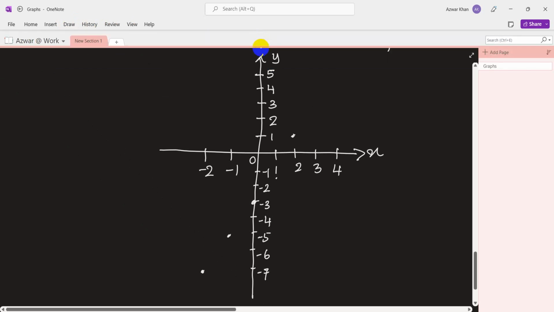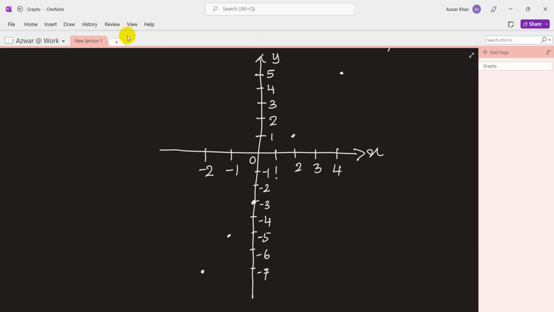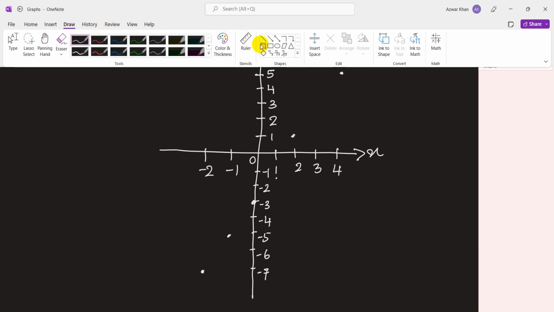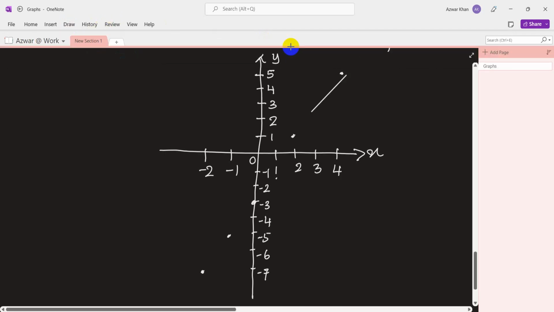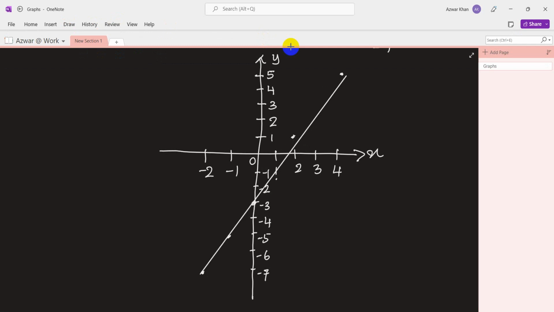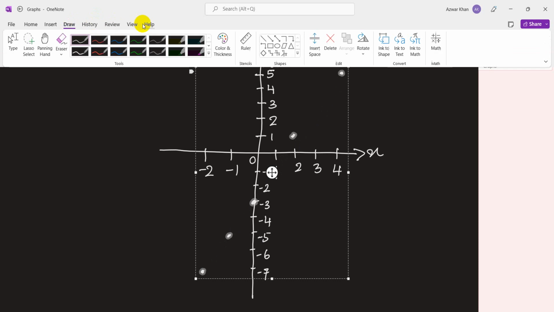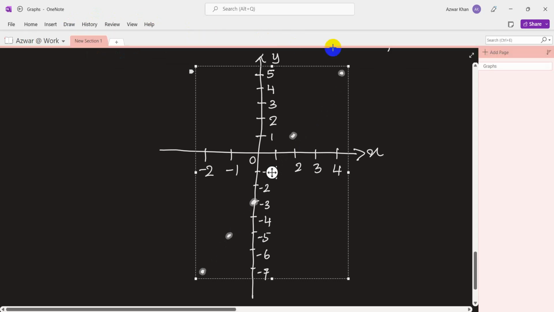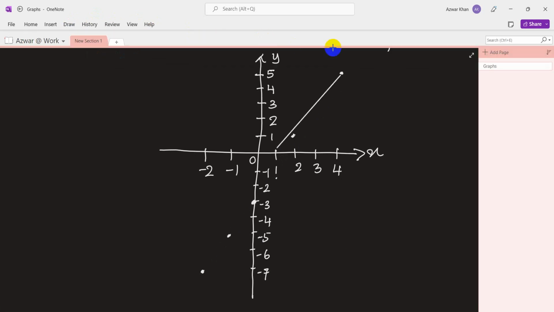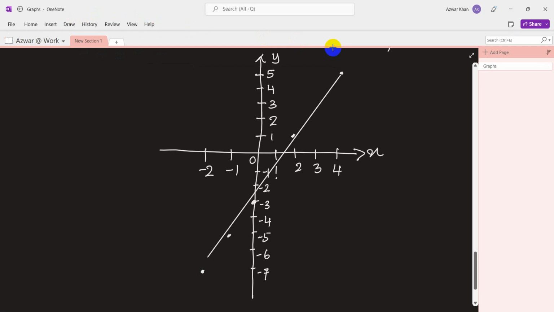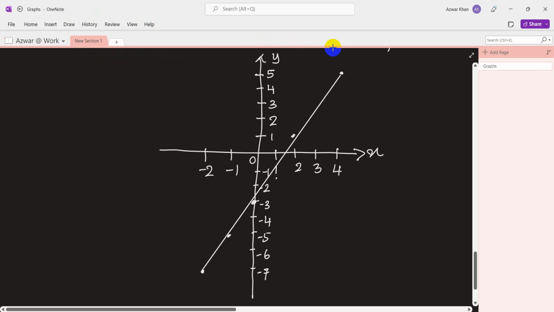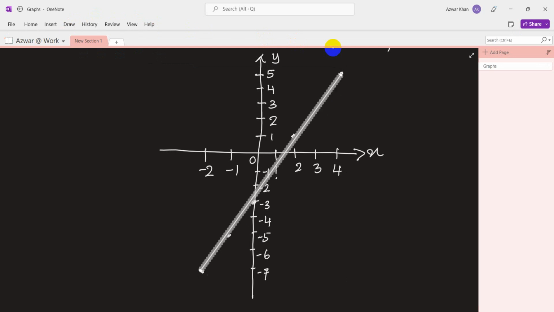So 4 and 5 is somewhere over here. So when you draw, this is the corresponding line. You have to make sure that you properly plot so that it's easy for you to draw the straight line without any hassle.